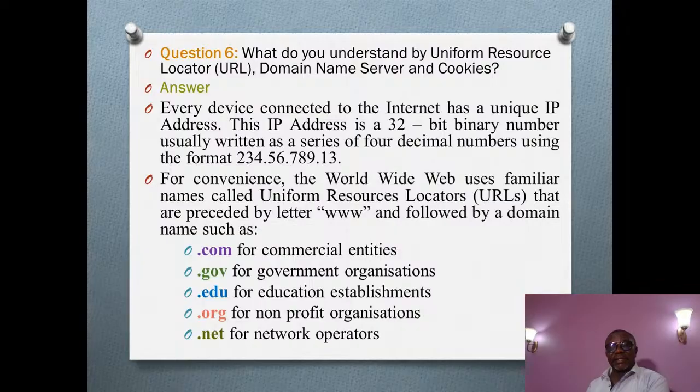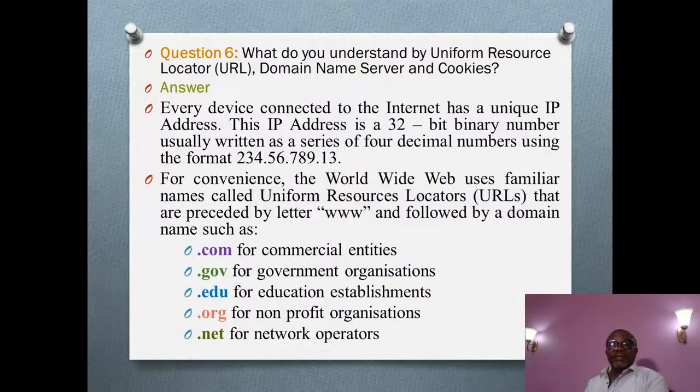So the answer is every device connected to the internet has a unique internet protocol address. That's IP address. This IP address is a 32-bit binary number usually written as a series of 4 decimal numbers using the format this dot this dot this dot that. This number we gave is just a fake number because it says 32 bits.